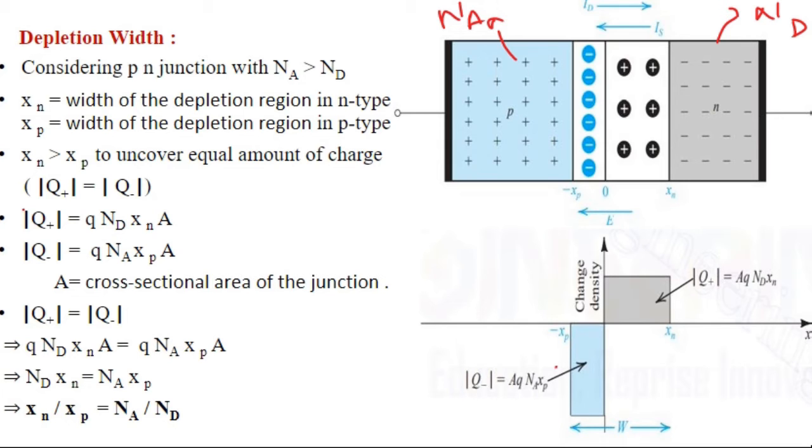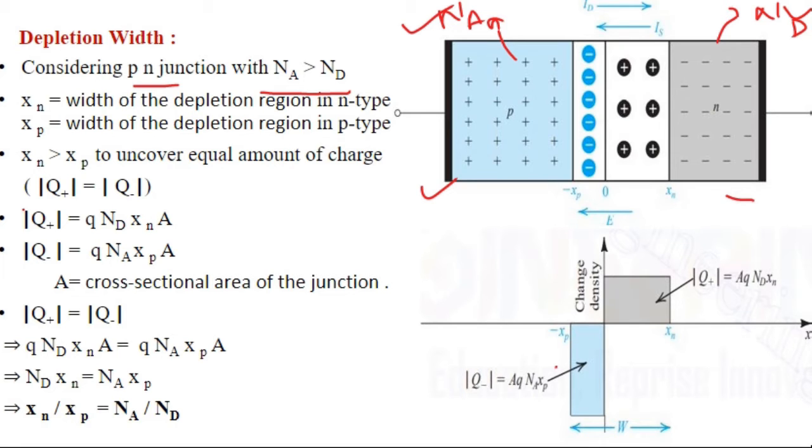Here you can see in this figure we have taken a PN junction with Na greater than Nd. So we have assumed that the concentration of acceptor impurities, that is Na, is greater than Nd. So you can see the number of holes inside the p-type is more than the number of electrons inside the n-type.